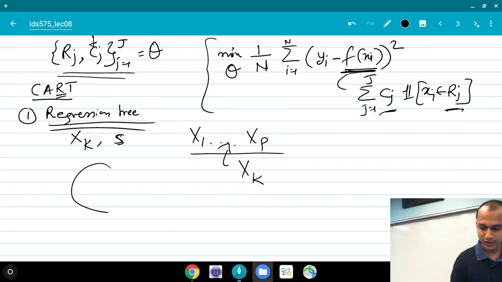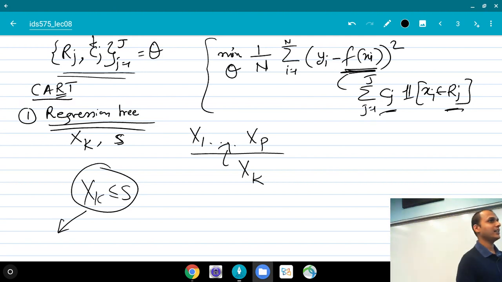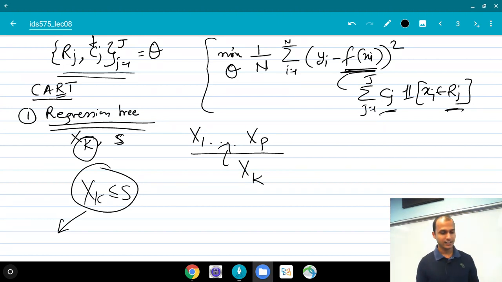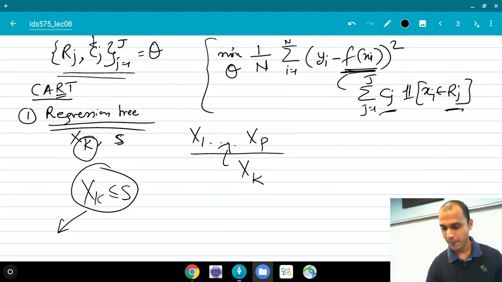I just need to create a node which says xk less than or equal to s. The left side will be xk less than or equal to s, and the right side will be xk greater than or equal to s. So I just need to pick which feature and where to split. Is this clear?